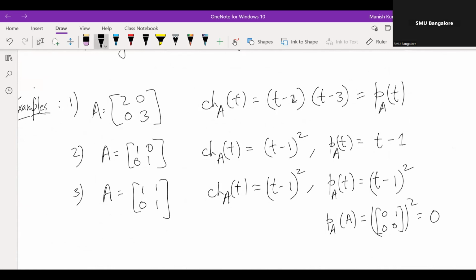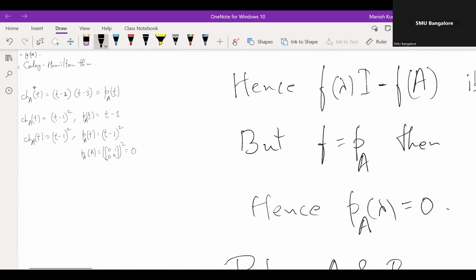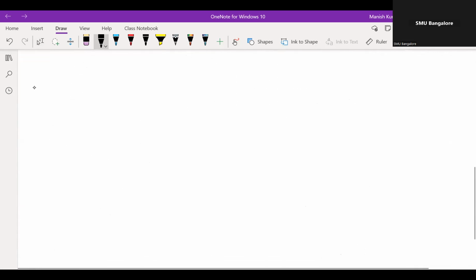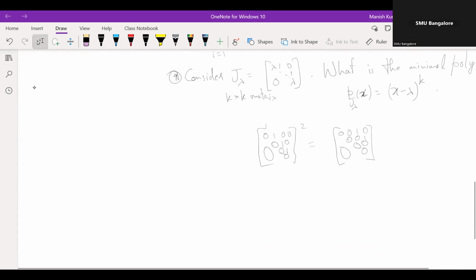It might be a little complicated to present in the notes, so let's write it here itself. But we know what the matrices are. So, examples.